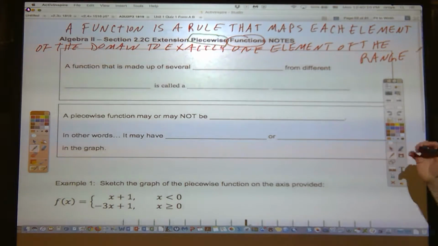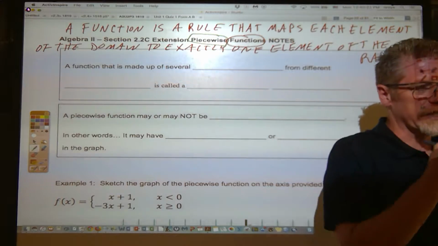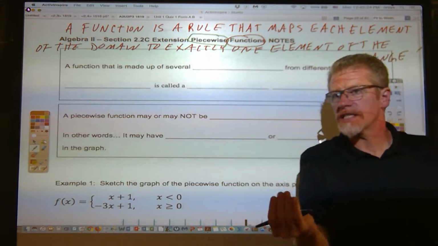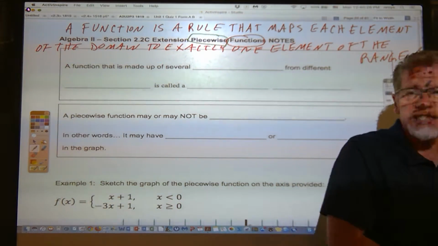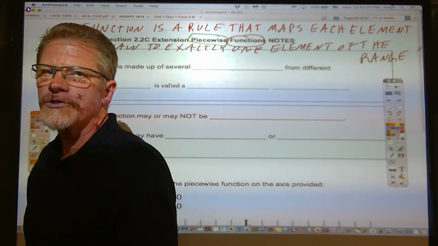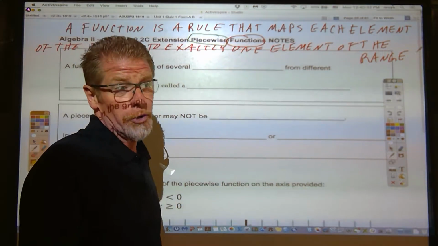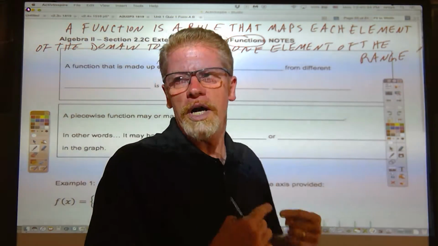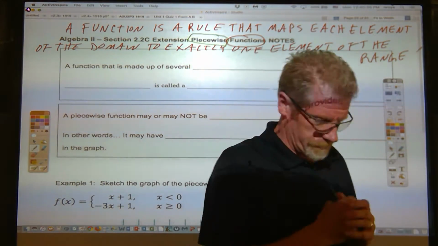So we want to memorize that word for word so that the next time, like for example on the Unit 2 test, when we ask you what is a function, you'll be able to say a function is a rule that maps each element of the domain to exactly one element of the range.